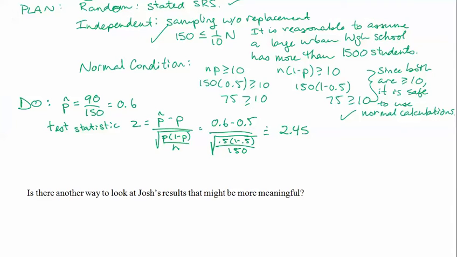Now, if we're looking at our standardized distribution, it's two-sided. So we're looking at 2.45 and negative 2.45, and we're looking at the probability of getting a standardized value further from 0 in both cases.